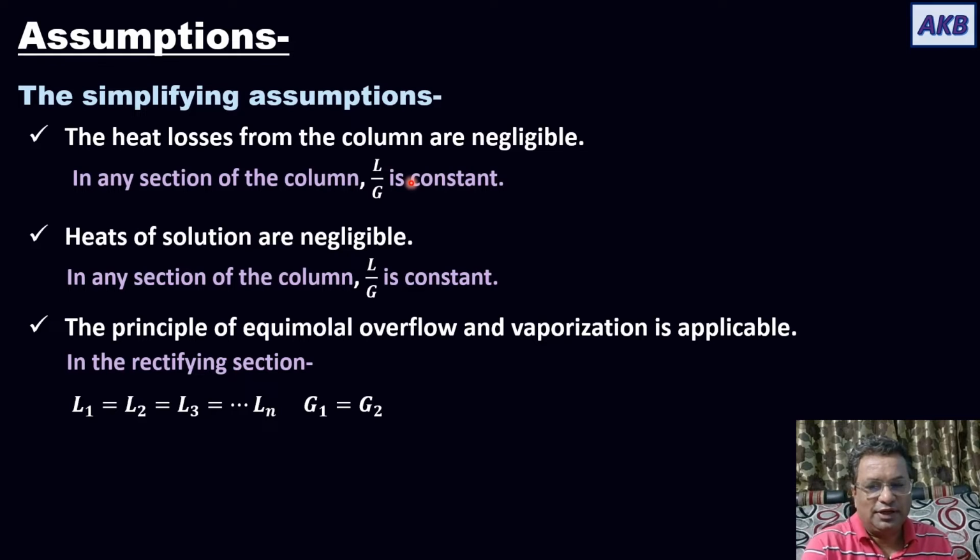Again in the rectifying section, the vapor flow rate from each tray is the same. That is G1 is equal to G2 is equal to G3 is equal to Gn.